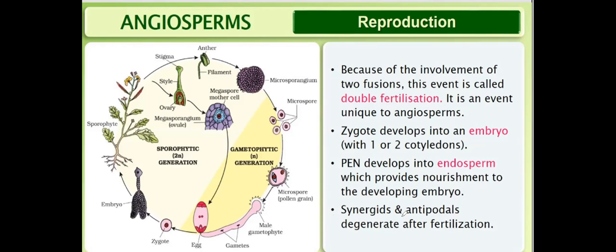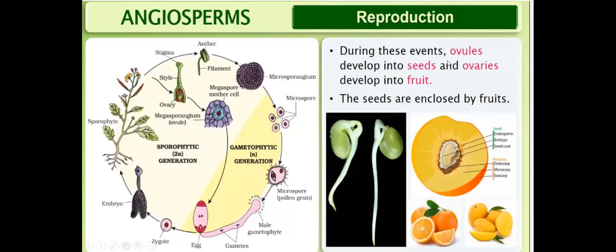Synergids and antipodal cells degenerate after fertilization. These are synergids and these are antipodal cells. They will degenerate after fertilization. During these events, the ovule develops into a seed and the ovary develops into a fruit.